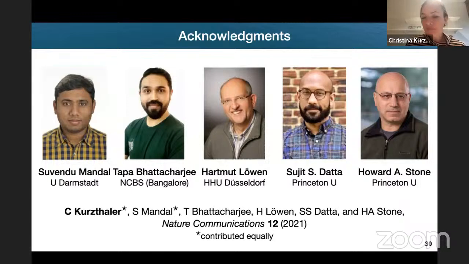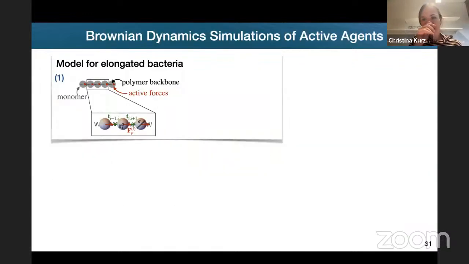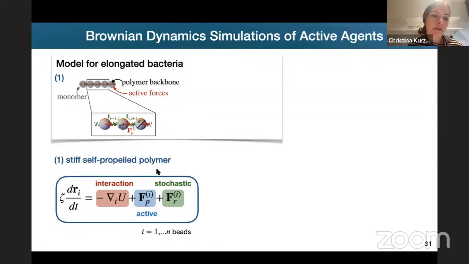So now, how do we model active agents in porous media? Well, for that we look at a simple bead spring model. We model bacteria, essentially elongated bacteria, as a chain of beads, and on each bead there is an active force that pushes the particle forward, and the equation of motion for such a self-propelled polymer now has three terms.